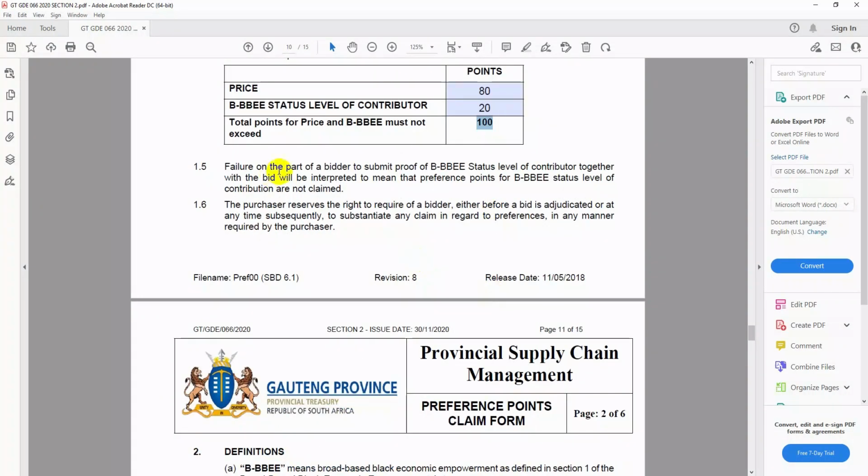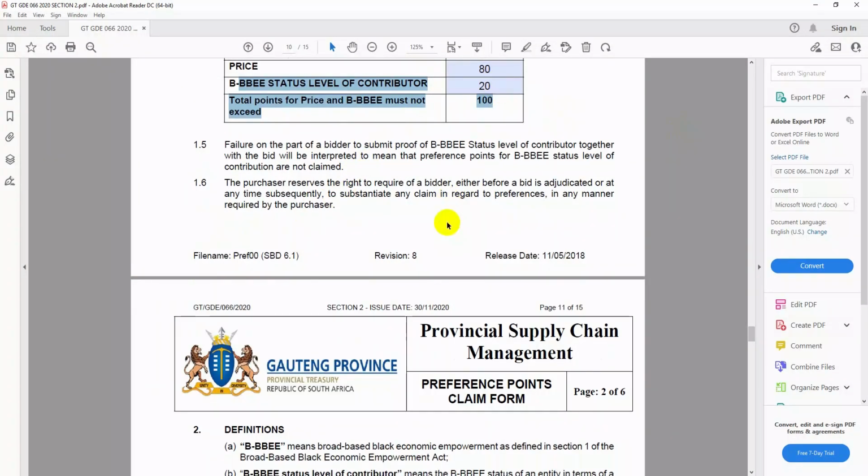And then failure of the bidder to submit a triple BEE certificate or SANAS affidavit will mean that you do not want to claim these points. This is the maximum points for this point system, 80-20, 20 points.